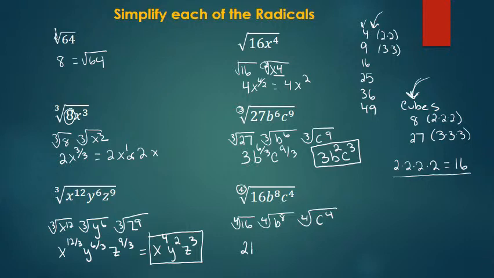Then I get b to the 8 over 4, and c to the 4 over 4. My final answer is going to be 2b to the 8 divided by 4, which is 2, c to the 4 divided by 4, which is 1. So I can either include the 1 or leave it the way that it is. So this is my final answer.